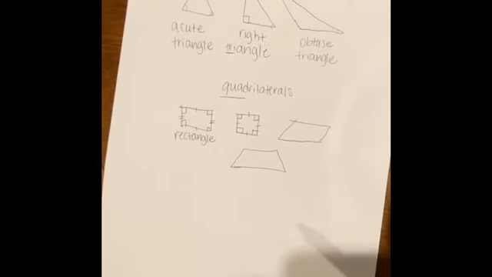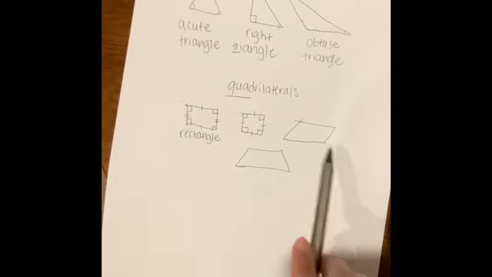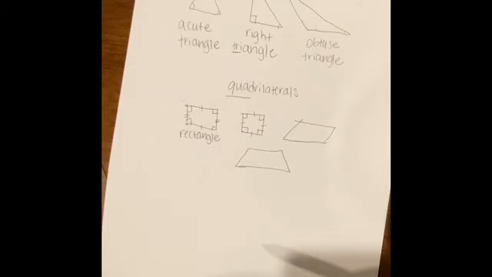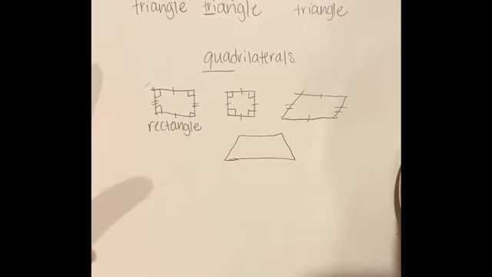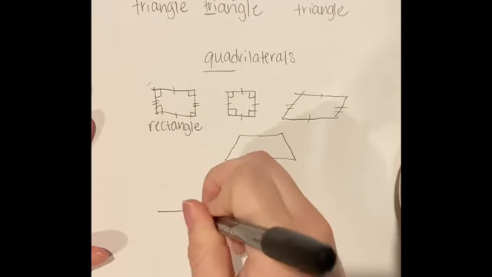Then a parallelogram has two pairs of parallel sides. These aren't quadrilaterals, but they're polygons. So this one is a hexagon.